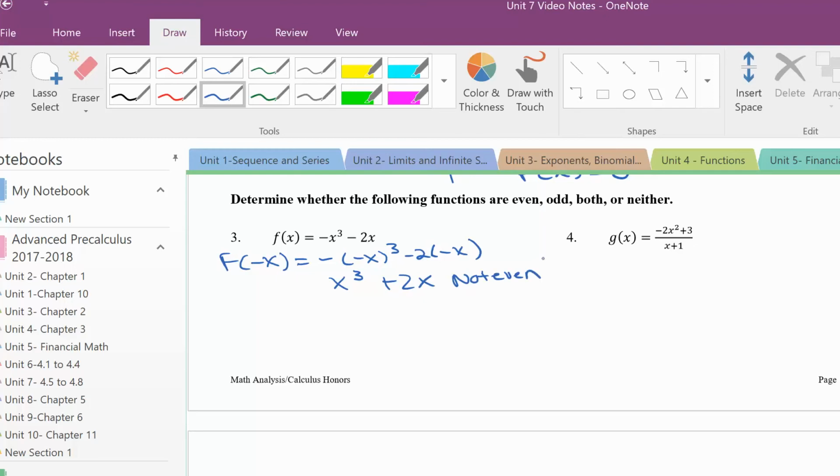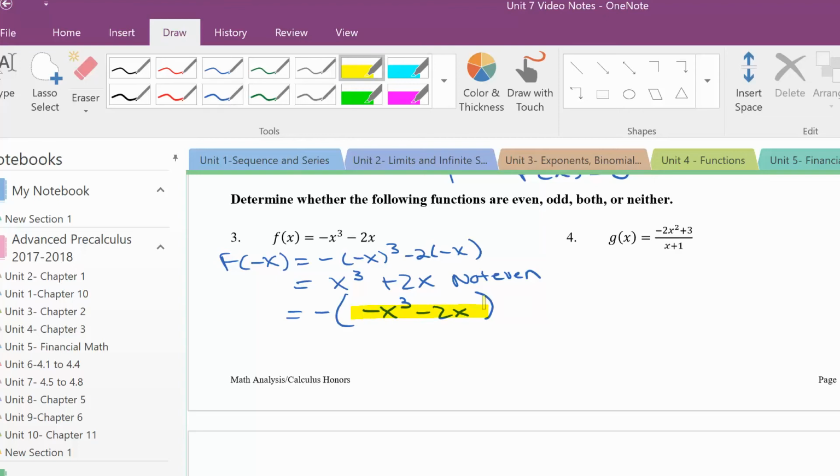Then to see if it's odd, I factor out a negative sign. And notice now when I factor out the negative sign, I don't need those parentheses. Notice that it is the same as what I started with.